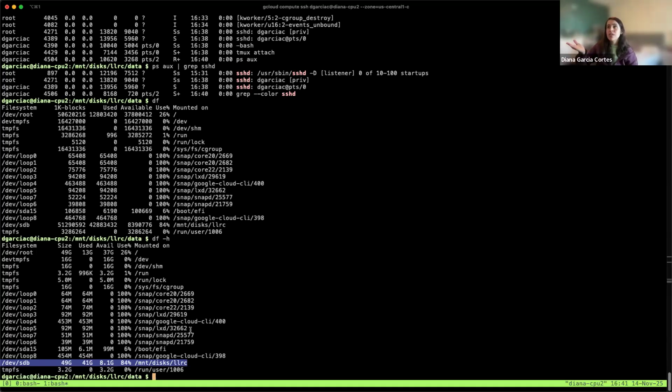This is not actually your boot disk, it's an additional disk, and you can attach that one to different instances. You can have multiple instances using the same disk at once, but if you want instances with different numbers of cores and different memory, then you can create multiple instances and attach, detach and reattach the disk as you want, so all of the machines will have access to the same data.